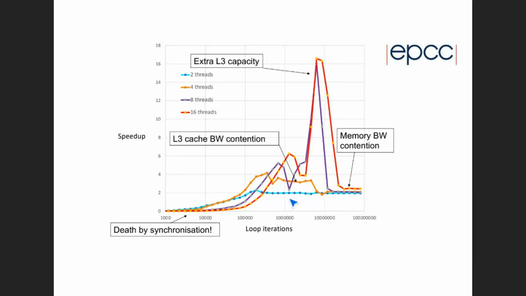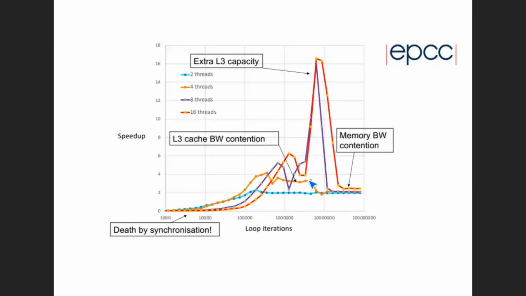What's happening here is that in this region, the array fits in the level 3 cache, and the bandwidth to the level 3 cache isn't quite enough to keep all my 4 threads busy.